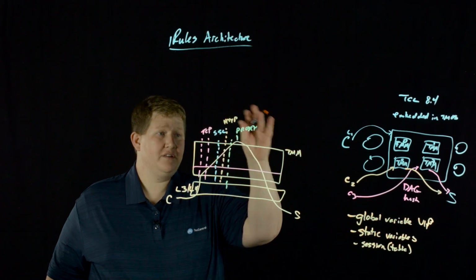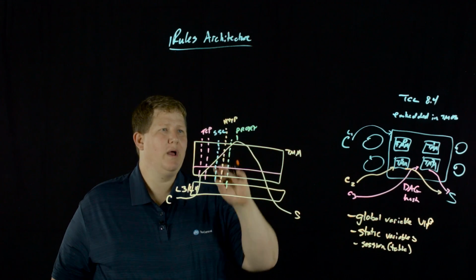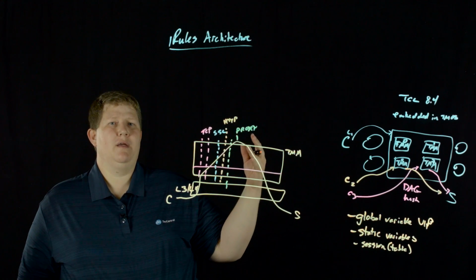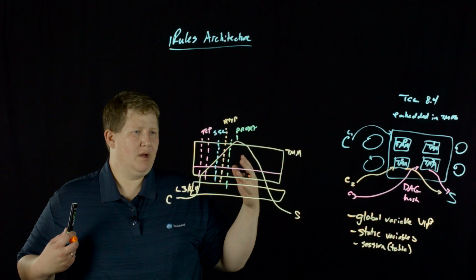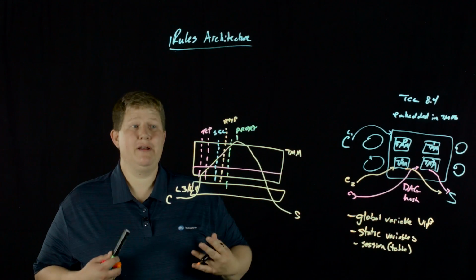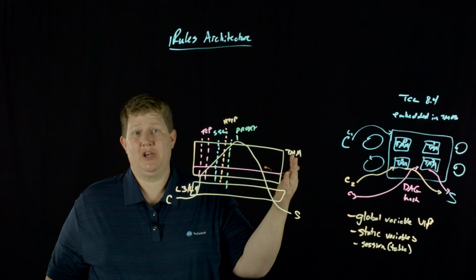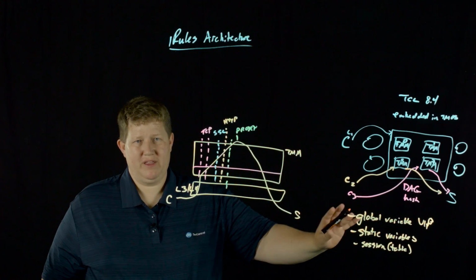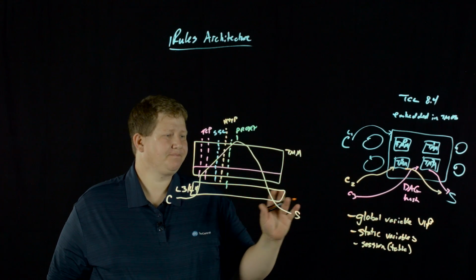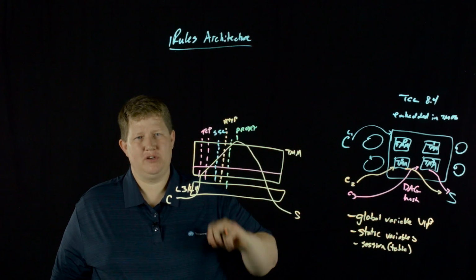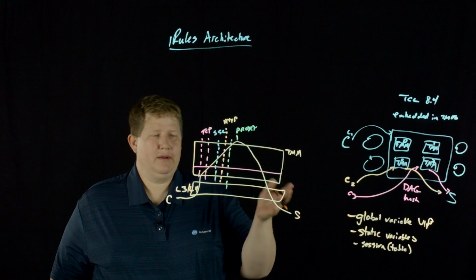Then on the other side of the proxy, you have access to this data as well as it falls back down the stack, as the HTTP gets wrapped up into the lower layer headers. You still have access to all of it, so you can make the changes you need before you send that out to the server, and vice versa. On the way back from the server, you can manipulate HTTP responses and whatnot.